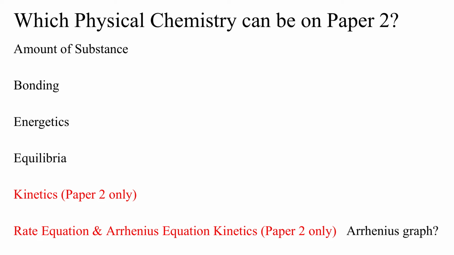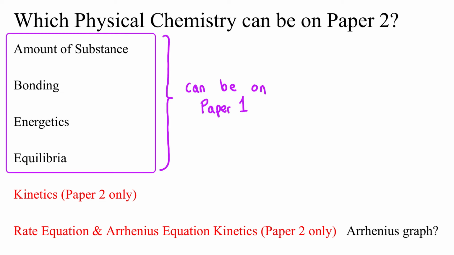Paper 2 is Physical and Organic Chemistry, and the 6 topics I'm showing here are physical chemistry topics that can be on Paper 2, and the top 4 topics are also assessed on Paper 1, so I'll look at which parts of those topics haven't been assessed on Paper 1, which makes them more likely to be assessed on Paper 2.